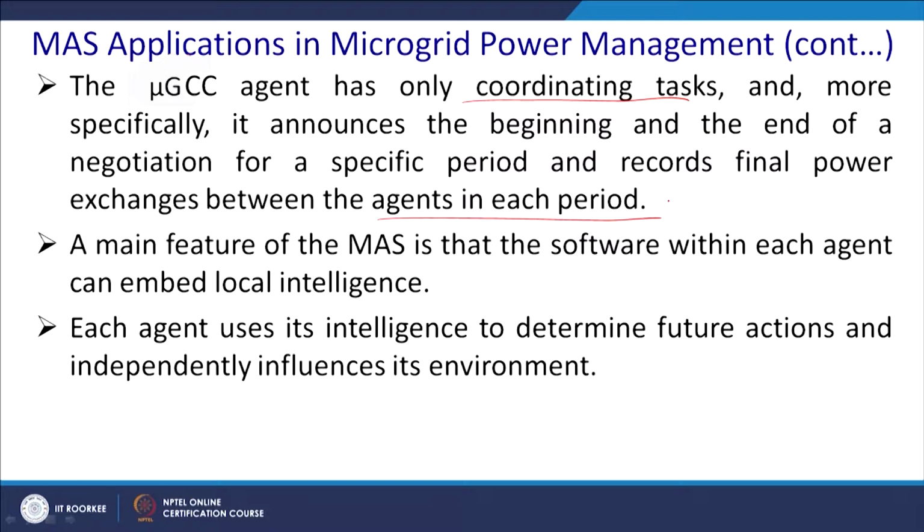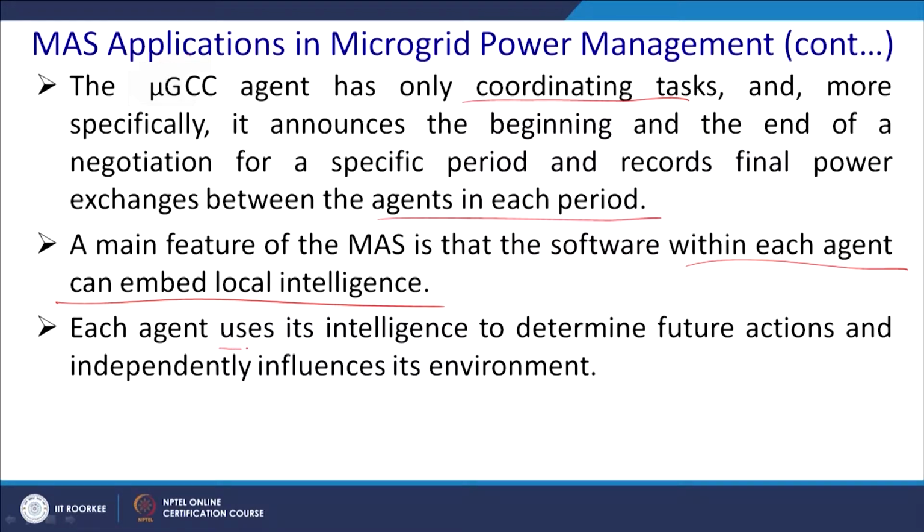The main feature of the MAS, that is the multi-agent system, is that the software within each agent can be embedded with local intelligence. So, it can take its own decisions, you can put ANN or fuzzy logic controller within it, and within a limitation it can take its own decision to give you the optimal control.